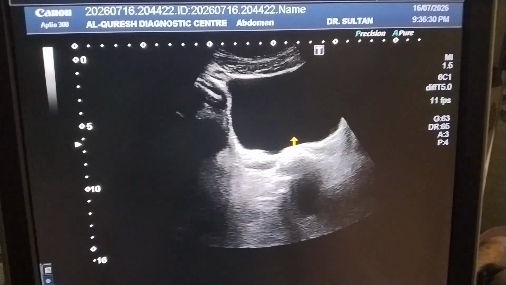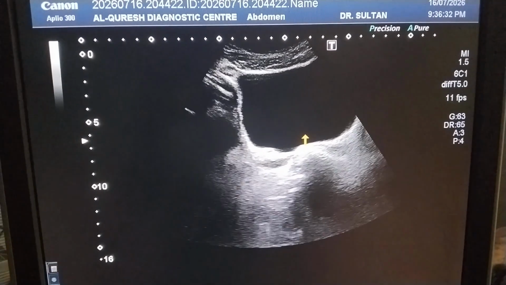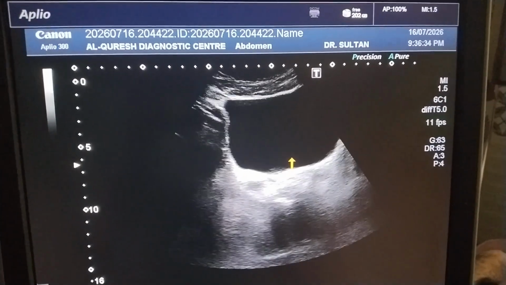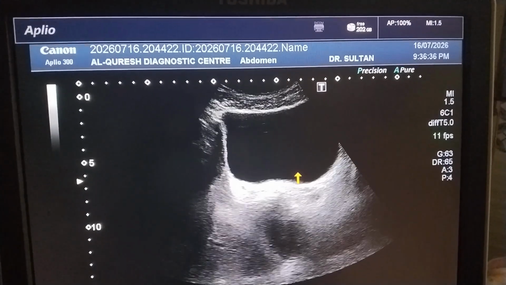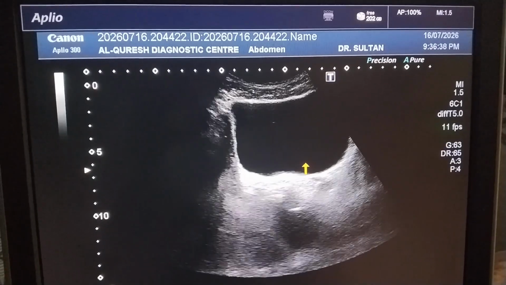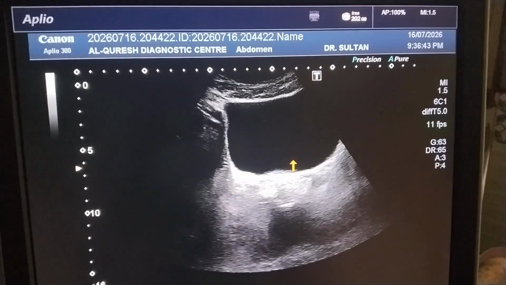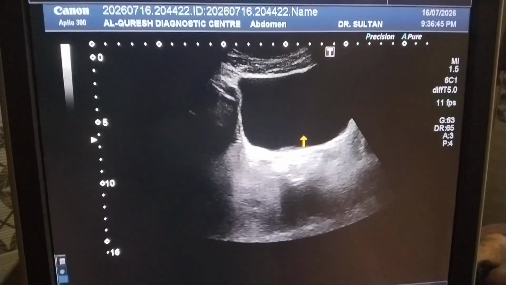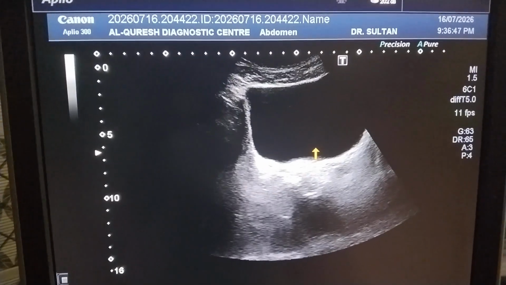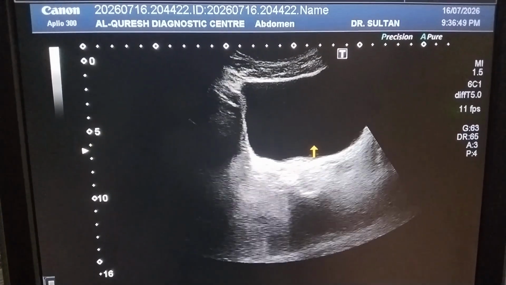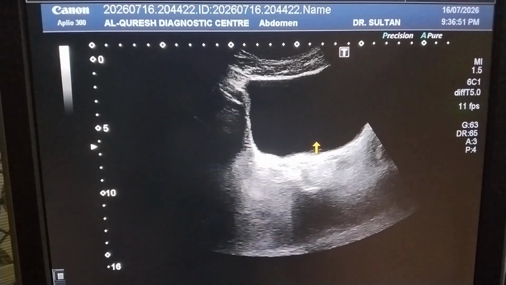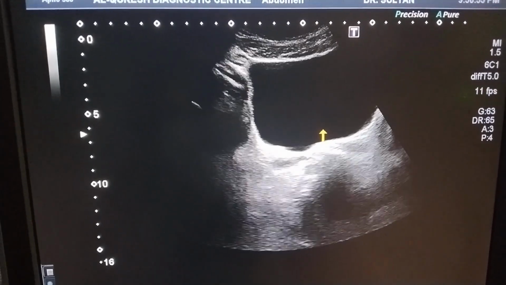We can voluntarily control the urine as long as the brain and spinal cord are intact. This needs smooth coordination between the spinal cord, brain, and the muscle of the urinary bladder, the detrusor muscle.